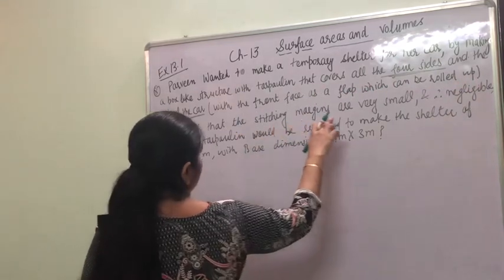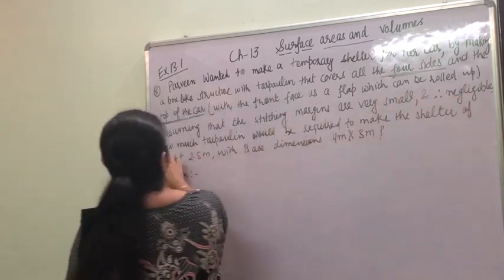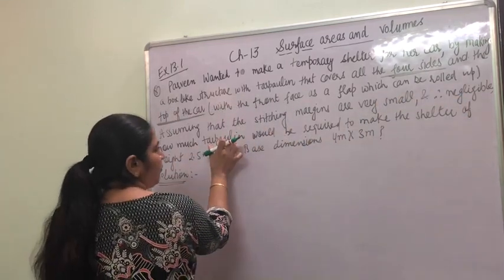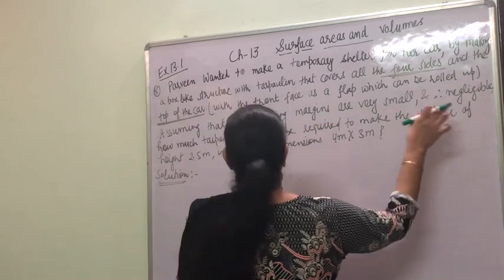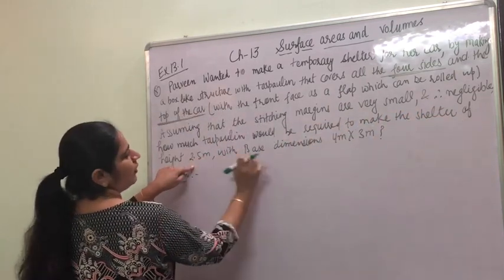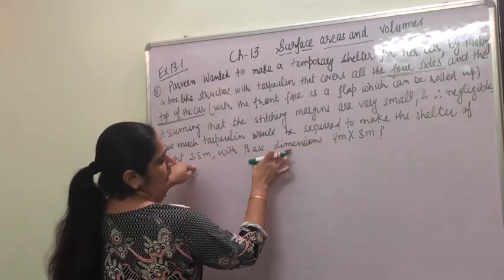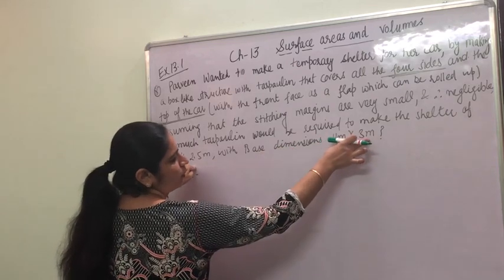So basically we will take the lateral surface area of the 4 sides and the area of the top, okay. Now dimensions are given with the front face as a flap which can be rolled up, assuming that the stitching margins are very small, negligible. How much tarpaulin, means how much cloth, would be required to make the shelter whose height and base dimensions are given. Base dimension means length into breadth.